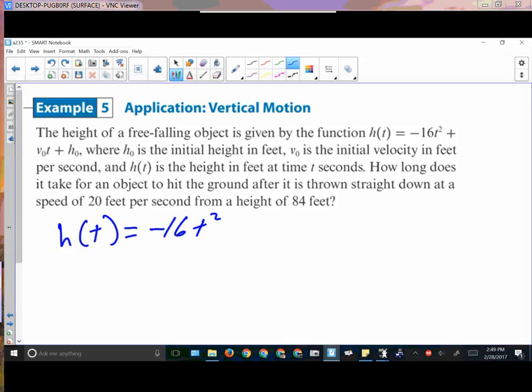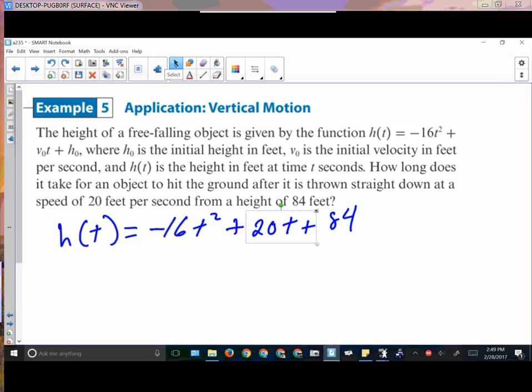Plus v sub 0. What's the initial velocity? How fast is it going to begin with? Well, isn't feet per second a speed? So this would be 20t. What was the initial height? 84. So, got the equation.